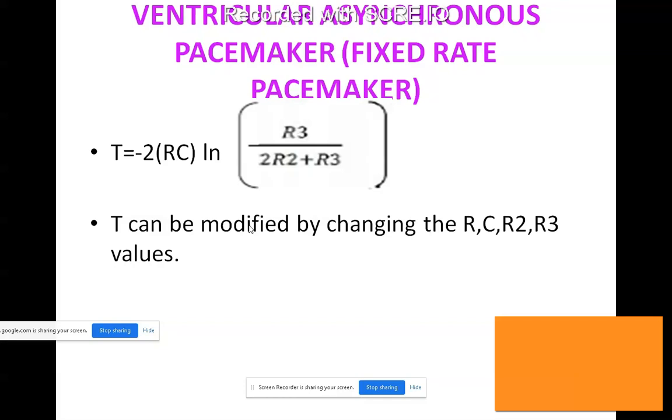Resistors and capacitors connected with transistors will be called a monostable multivibrator or square wave generator. So the presence of resistor and capacitor, or selecting the value of resistor and capacitor, will give the pulse rate, the signal rate or speed rate or heartbeat rate.